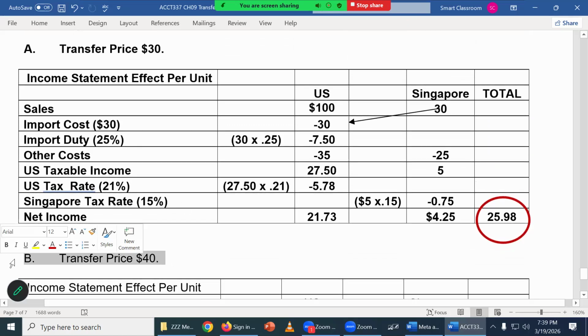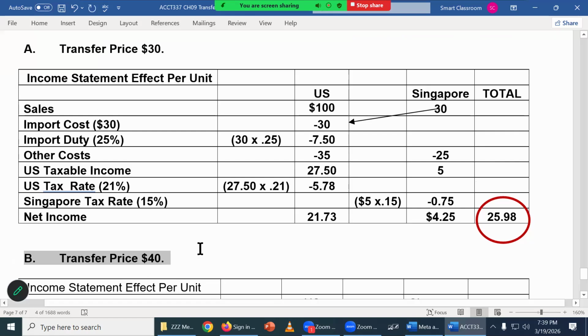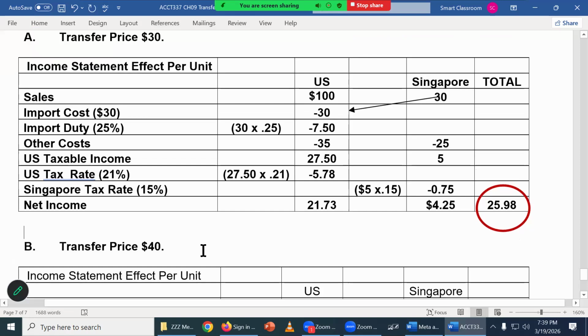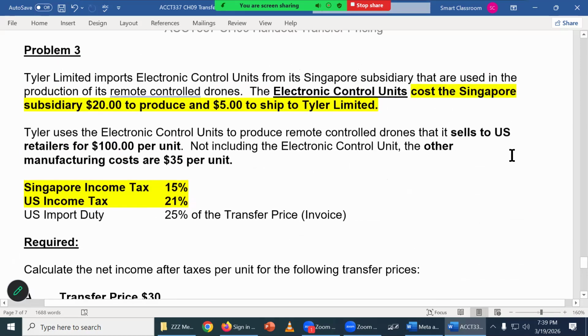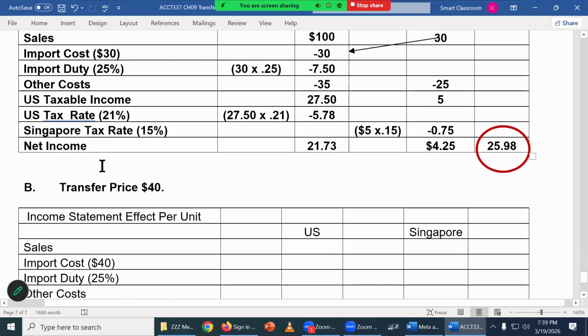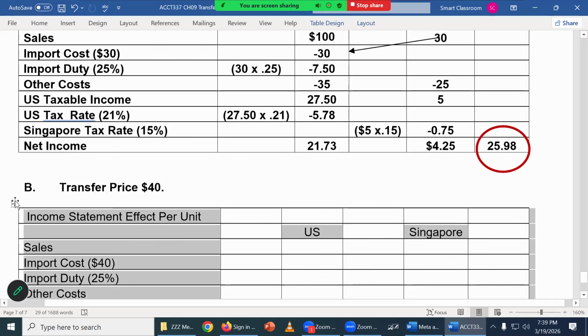Okay, now notice what we did down here. We changed the transfer price from 30 to 40. Why are we doing that? Anyone?